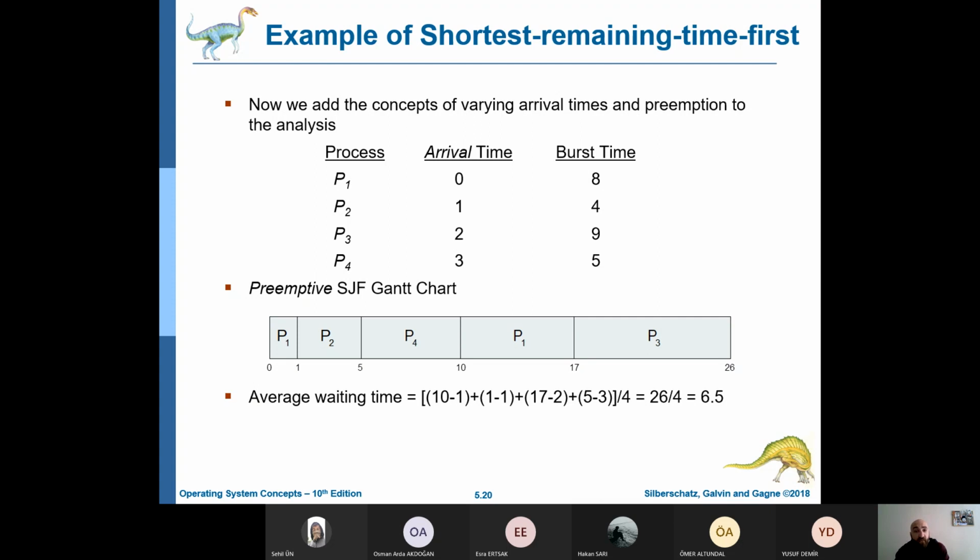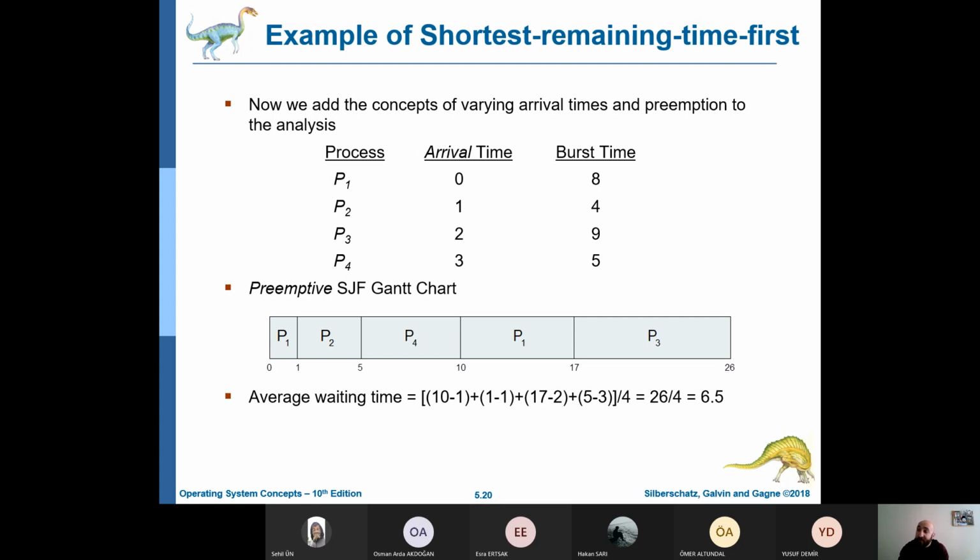But process P2 arrives at time 1. We executed P1 for 1 millisecond. After that, P2 arrived in the ready queue. The remaining time for process 1 will be 7 milliseconds. The burst time for process 1 was 8 milliseconds, but we already executed 1 millisecond of that process.